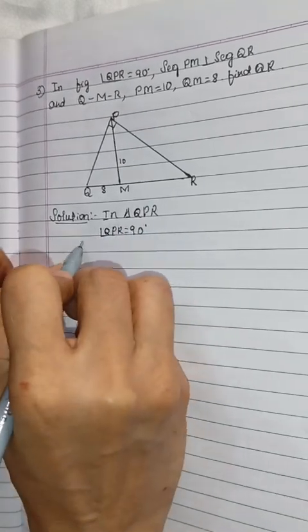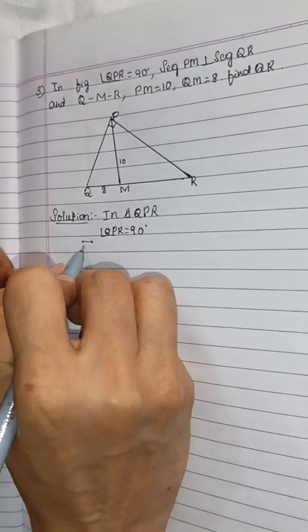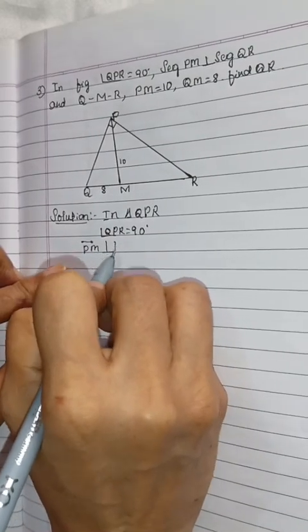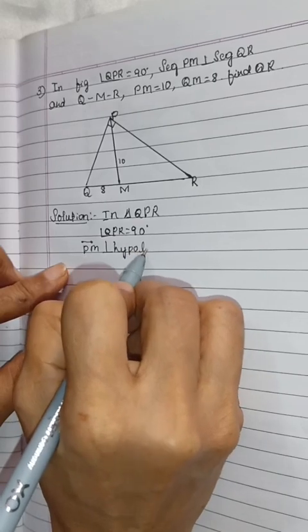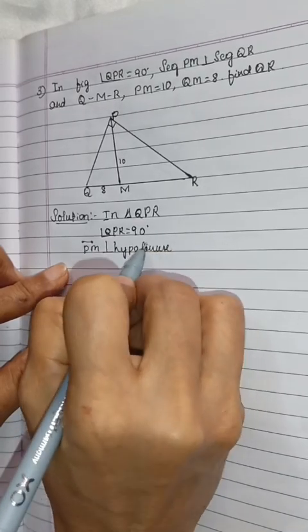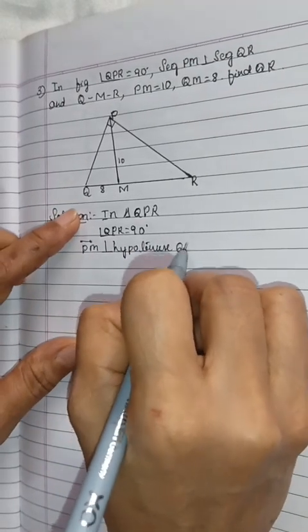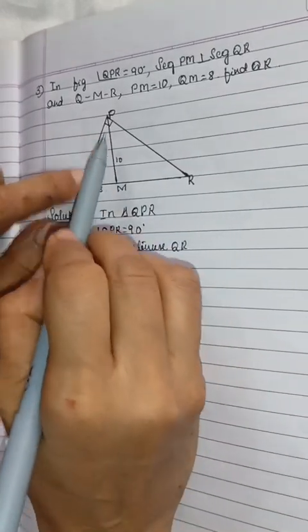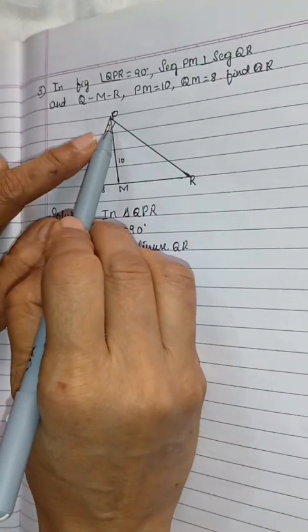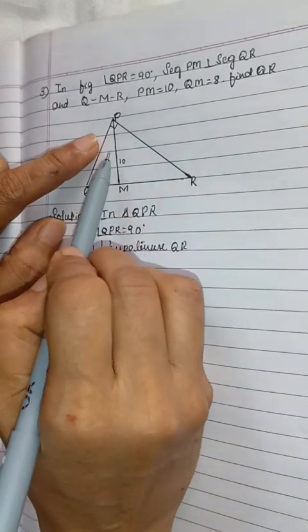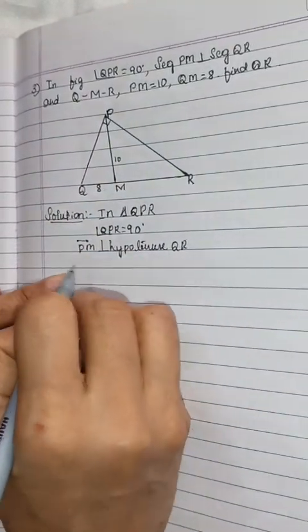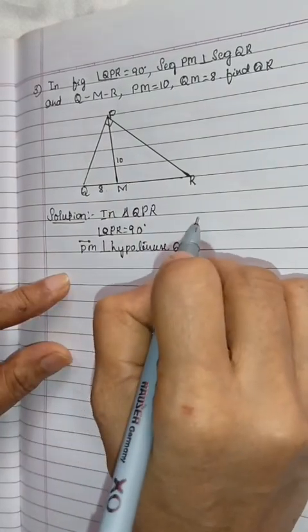Okay, and segment PM is perpendicular to hypotenuse QR. Why hypotenuse QR? Because the hypotenuse is the side straight opposite to the 90 degree angle, the right angle. Okay, QR is the hypotenuse. Therefore, these are given.